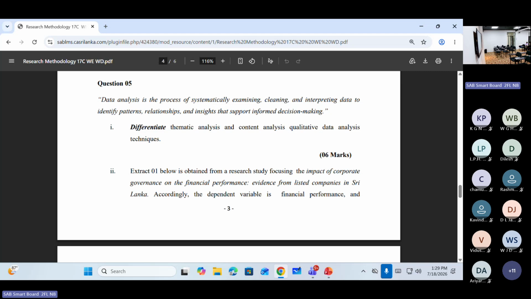Write down the example. Thematic analysis example, content analysis example. Do it.